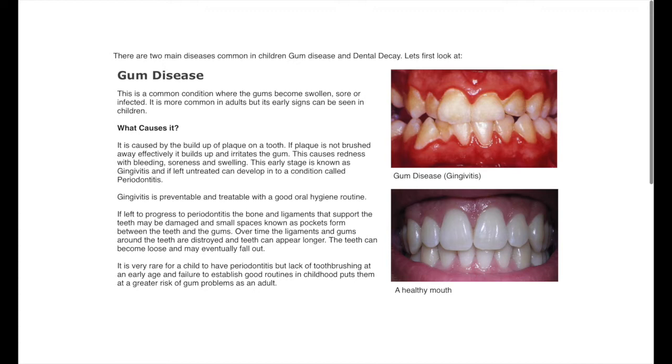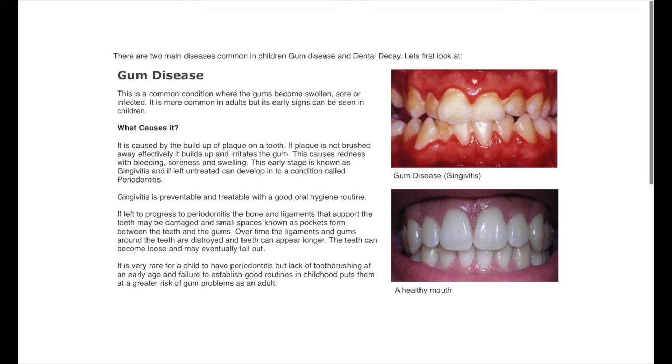If gingivitis is not treated, it will progress to a more serious gum condition called periodontitis. This is the stage where the supporting structures that hold the teeth in place are damaged. This damage is irreversible. Initially, small pockets form between the teeth and gums, and over time more debris and bacteria collect in this area.